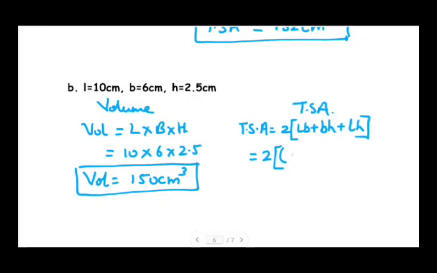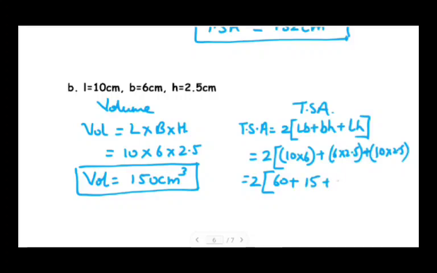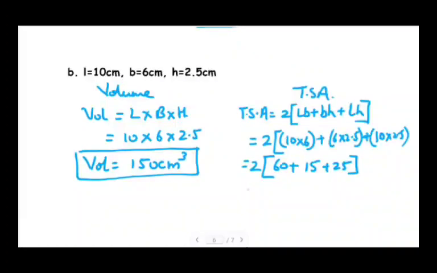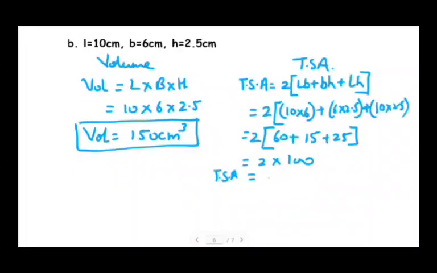Twice of 10 into 6 plus 6 into 2.5 plus 10 into 2.5, which is equal to 60 plus 6 into 2.5 is 15 plus 10 into 2.5 is 25. 2 into 100, which is equal to 200 centimeters square.